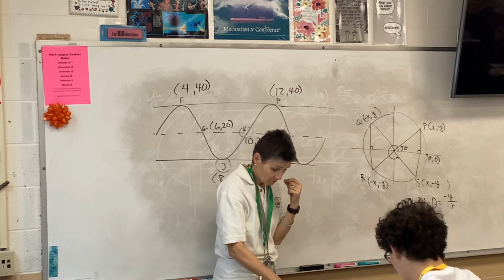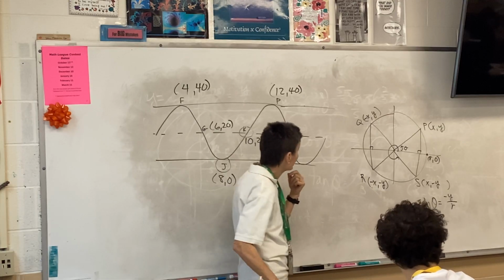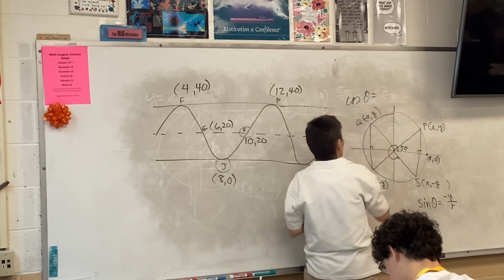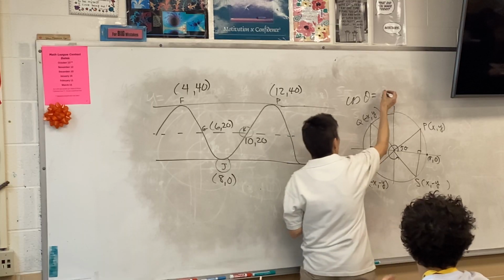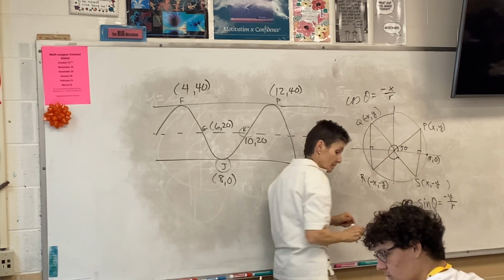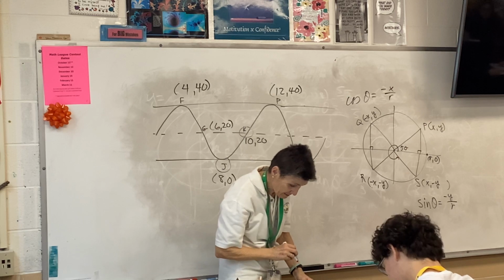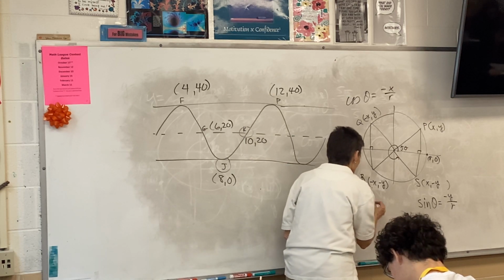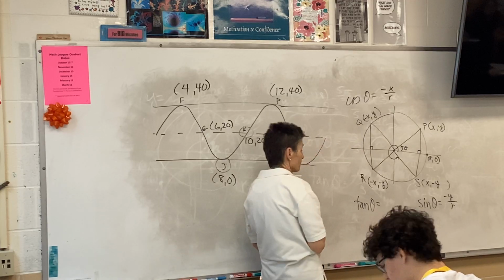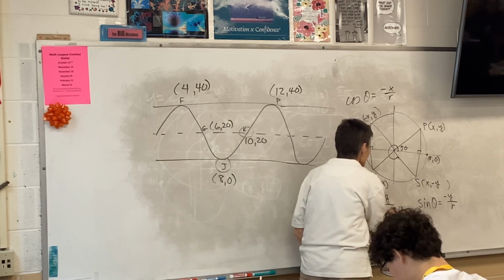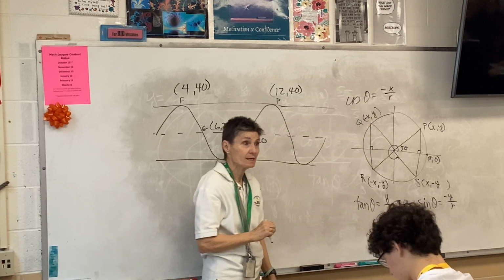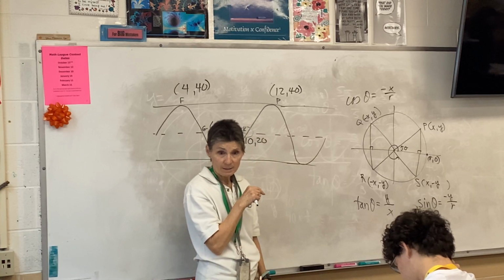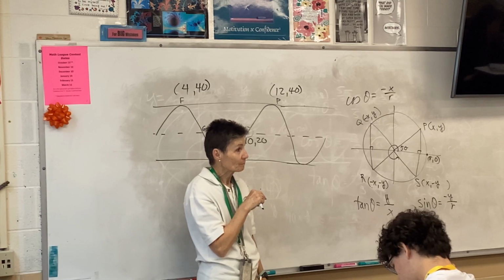All right, what about the cosine at point Q? What's the cosine gonna be up here at point Q? Negative x over r. And what is the tangent gonna be down here? Y over x. The tangent will actually be positive because both x and y are negative in quadrant 3.